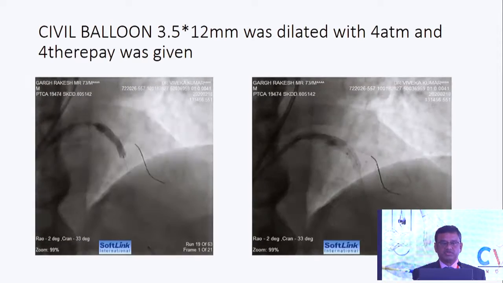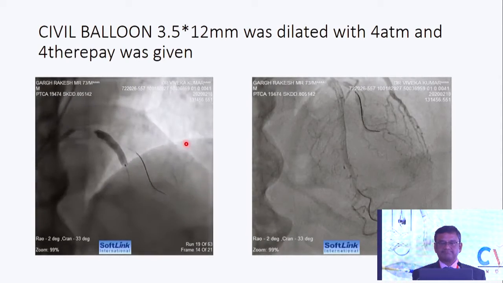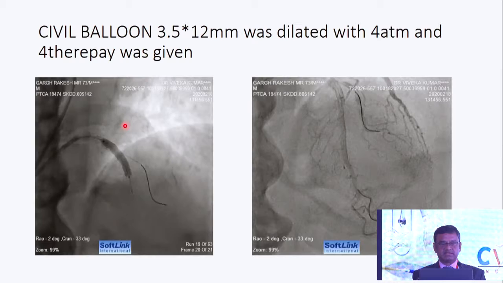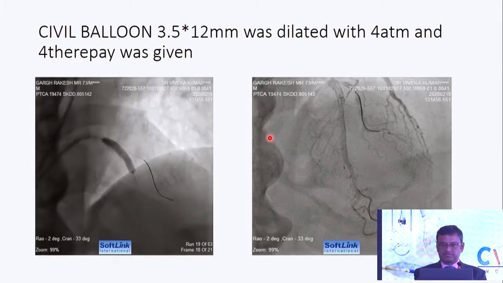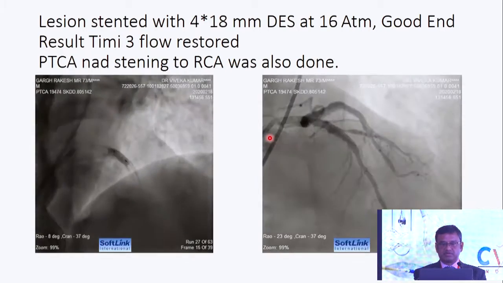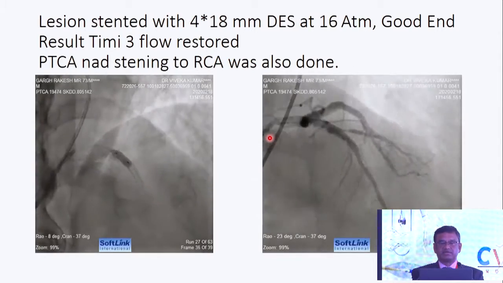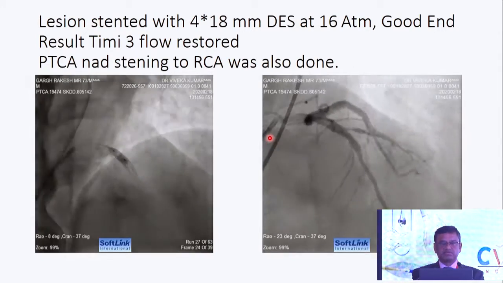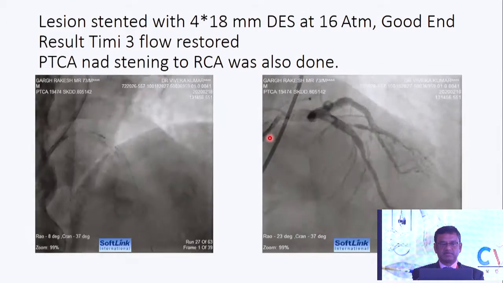So here we used an IVL balloon of 3.5 by 12 and it was dilated, and 4 therapies were given. You can see the IVL therapy going on, and after that, with the OCT imaging, we had an idea that the diameter is big, so we used a 4x18 millimeter stent.